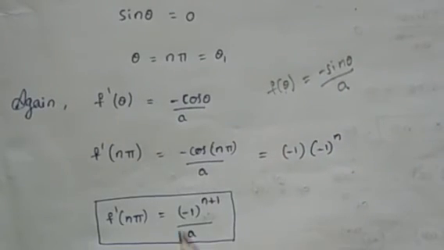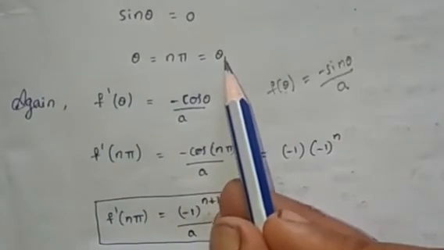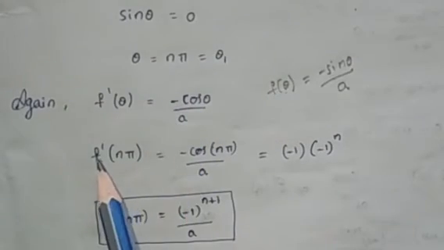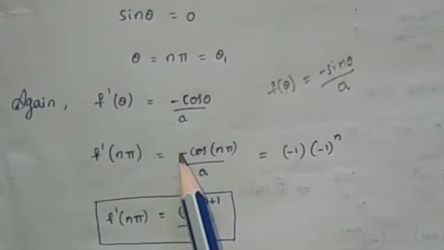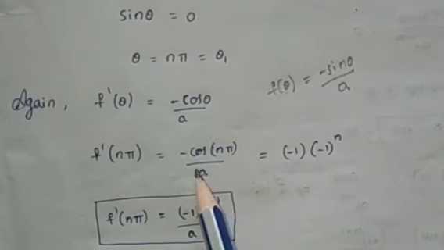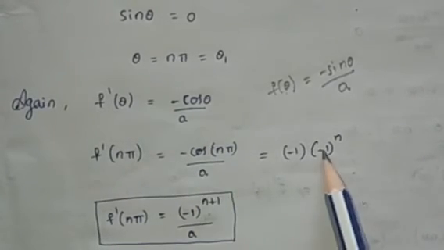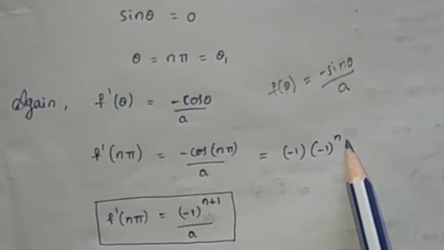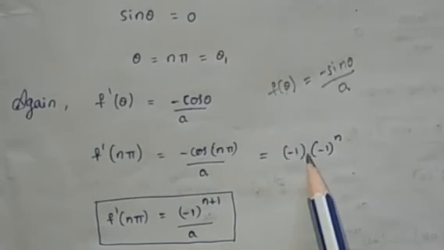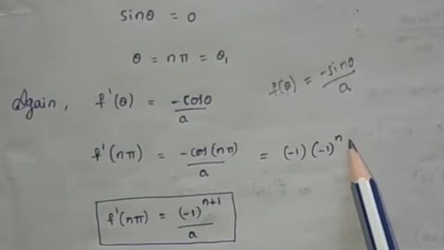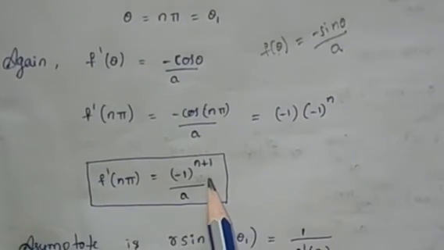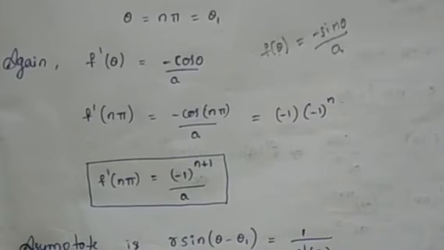Okay. Next, put theta as theta 1. Theta 1 is n pi. We get f dash of n pi which is equal to minus cos of n pi by a. Cos n pi value is minus 1 whole to the power n. Already there is a minus 1, so minus 1 into minus 1 whole to the power n means minus 1 whole to the power n plus 1 by a.